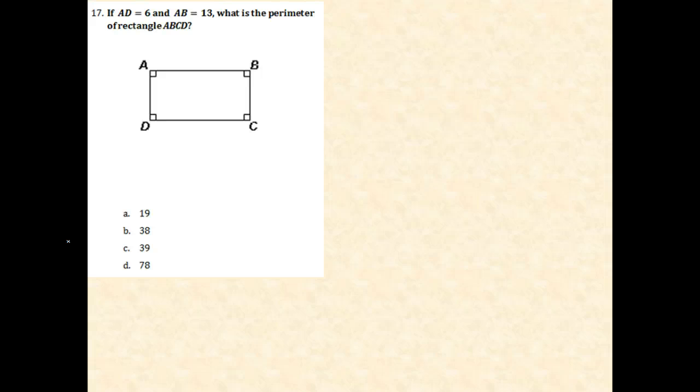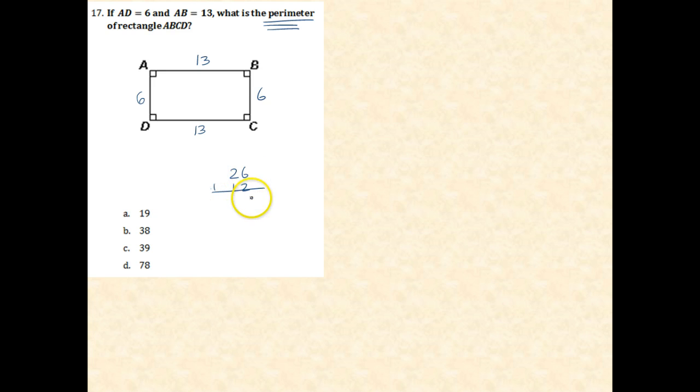If AD equals 6 and AB equals 13, what is the perimeter of the rectangle? Well, opposite sides are congruent, so I just need to add all these up. So 13 plus 13 is 26. 6 plus 6 is 12.